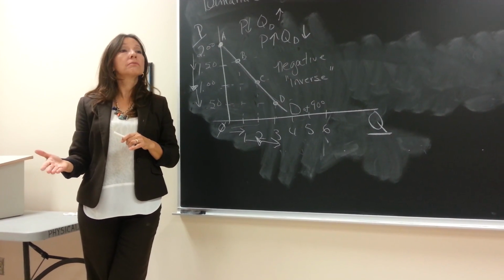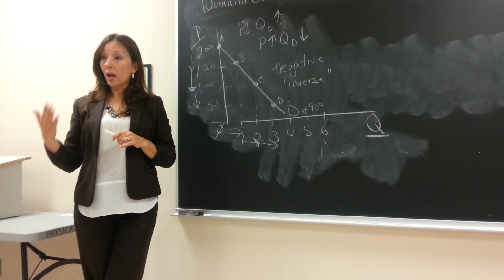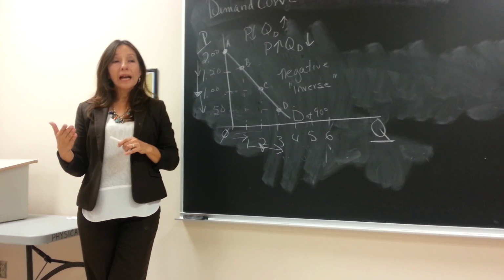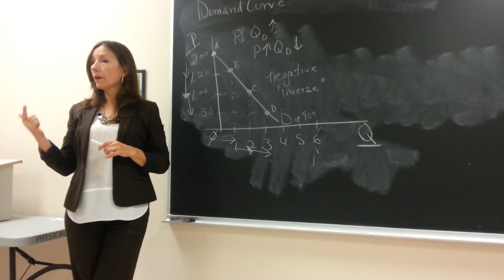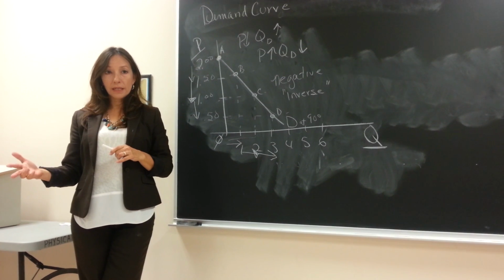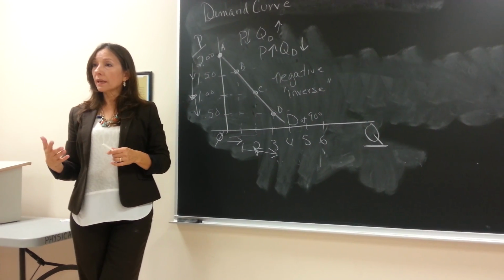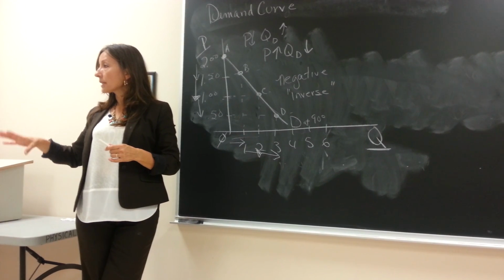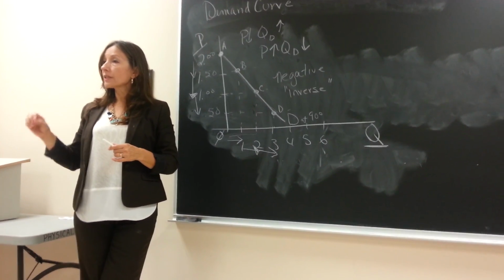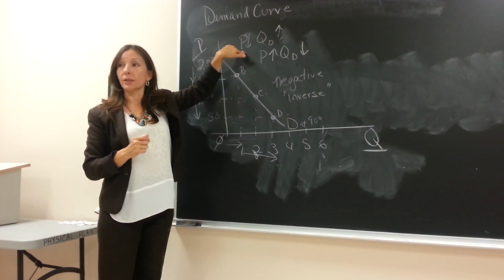How much? Number of. So on your test, you might see how much, number of, amount, quantity. It all means the same thing. And if those things change, amount changes, quantity, number of, it's related to a price change.